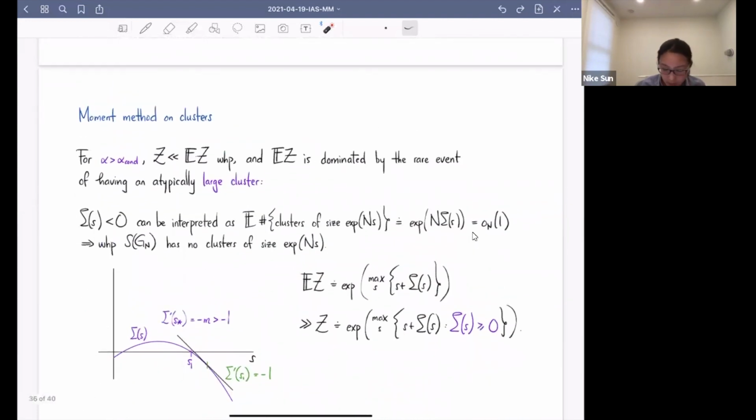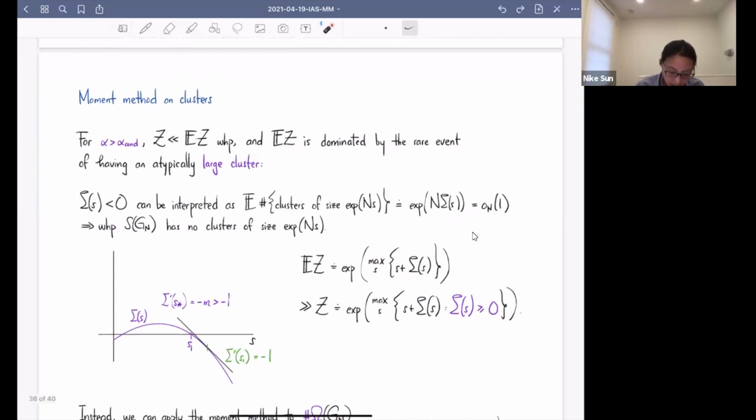One way to see that is that for alpha larger than alpha_con, the expected number of solutions is dominated by a rare event where you have an atypically large cluster. One way to see that is to understand this curve as being related to the expected number of solutions. If you optimize over the entire curve, you end up somewhere here, but it corresponds to a cluster size which does not show up in the typical picture.